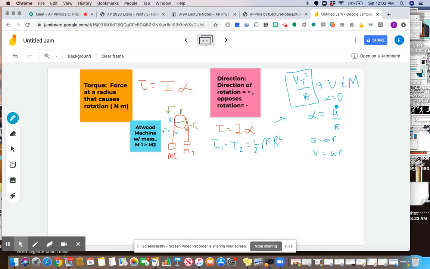That's only when alpha is 0. We plug that in for centripetal acceleration, which is constant with UCM. I can't write the word constant, I don't have enough room. I'll just write it over here.